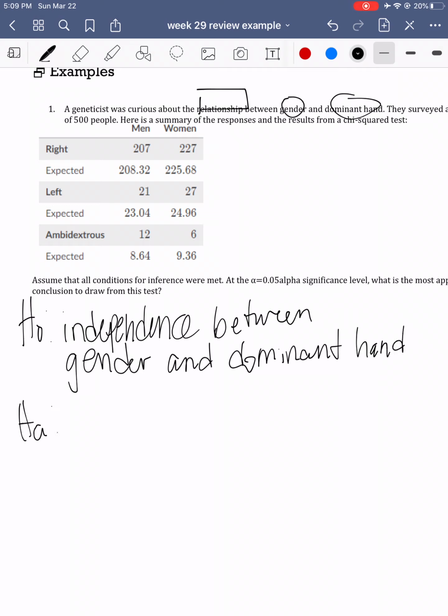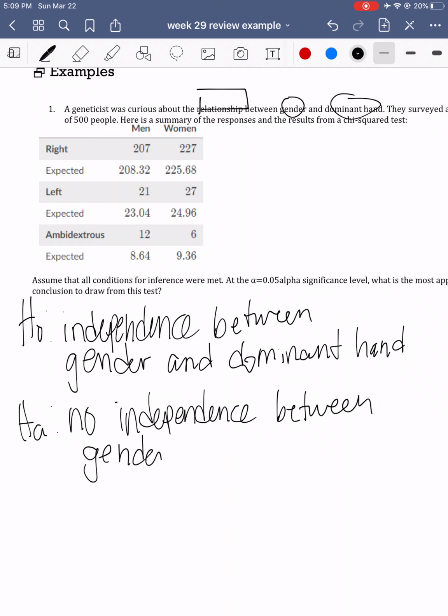And our alternative is no independence between gender and dominant hand.